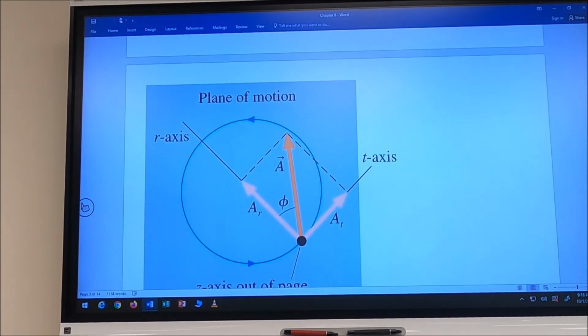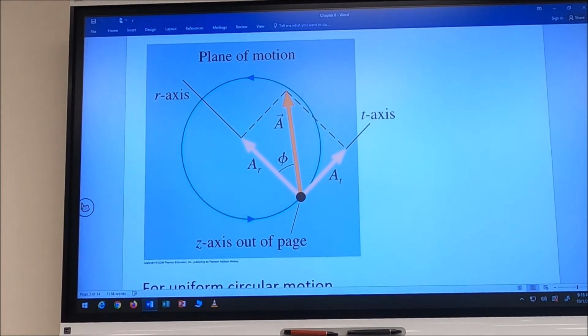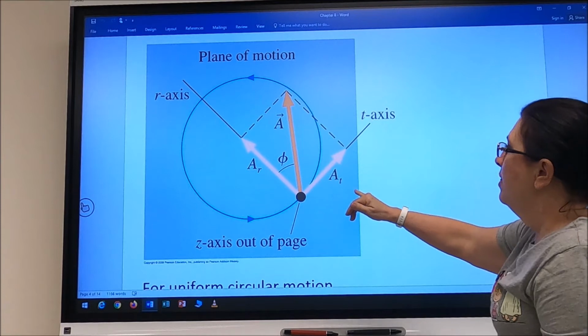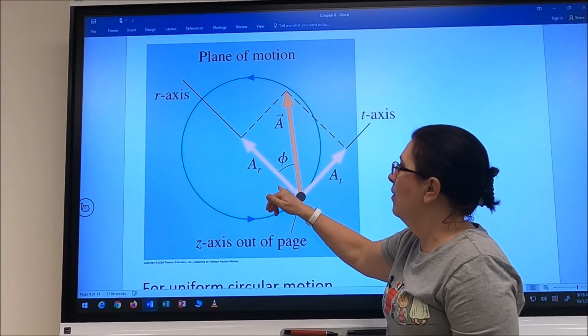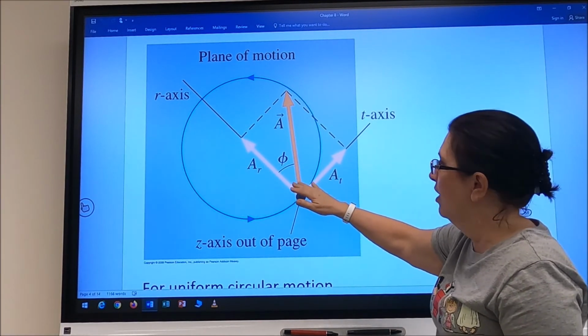Now, if we have an object that's undergoing non-uniform circular motion, then we can have an acceleration in the r direction. Well, let's just take an a vector.